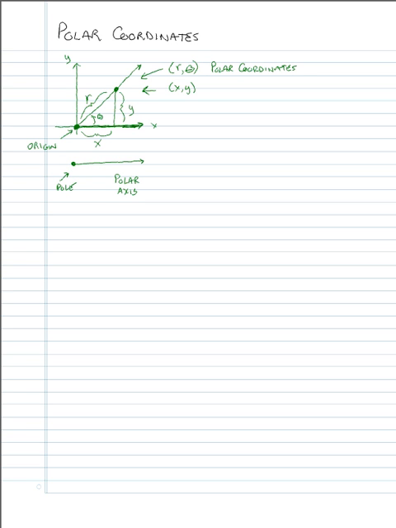So we have a kind of marriage between these two systems, because the right triangle brings them together.